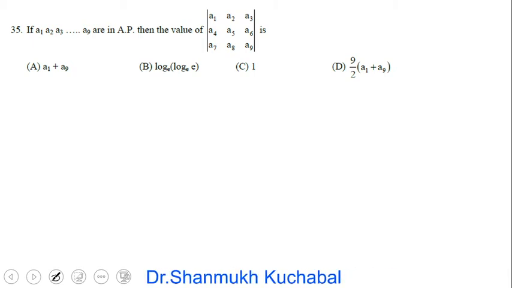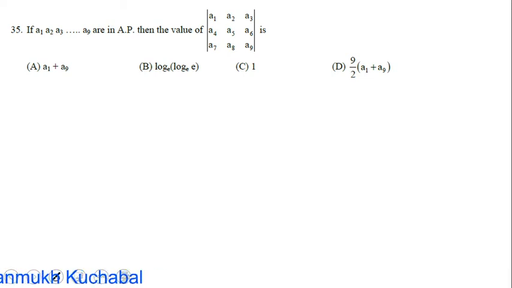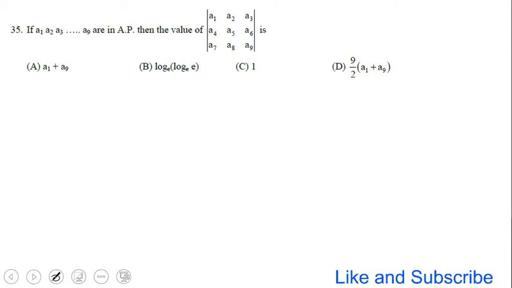It is given that if A1, A2, A3, up to A9 are in AP, arithmetic progression, then we have to calculate the value of this determinant. So I use the formula for the nth term. A1 represents the first term, A2 represents the second term.